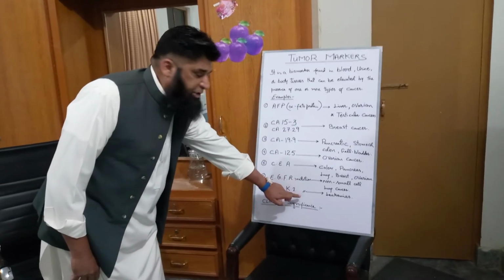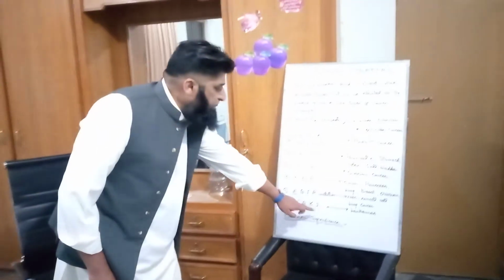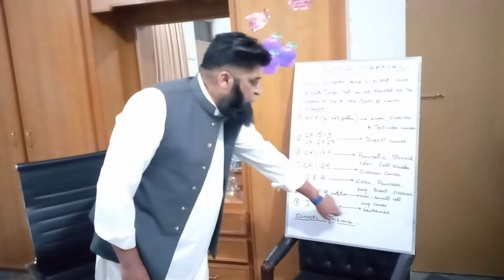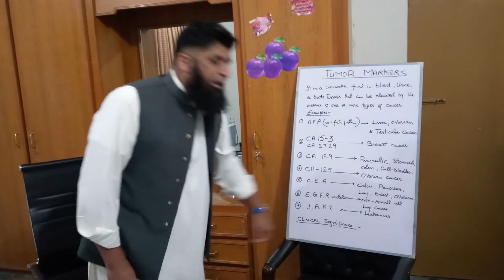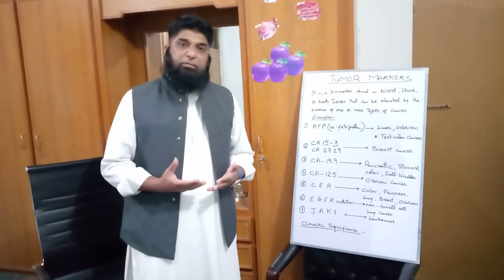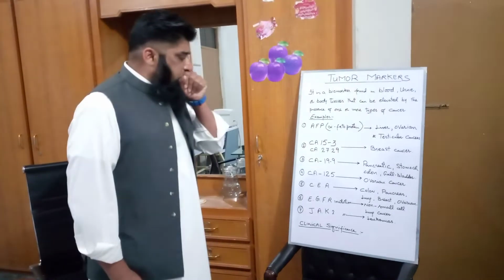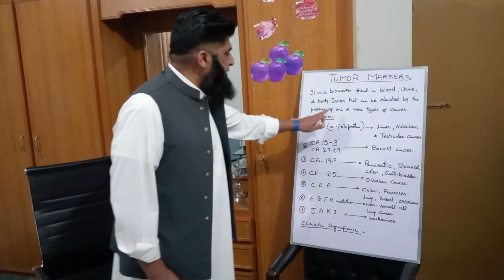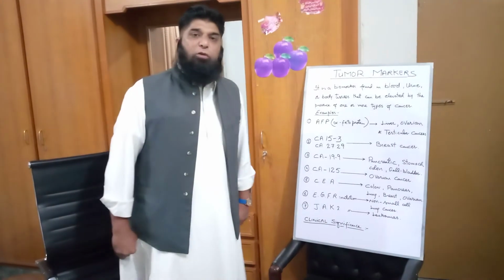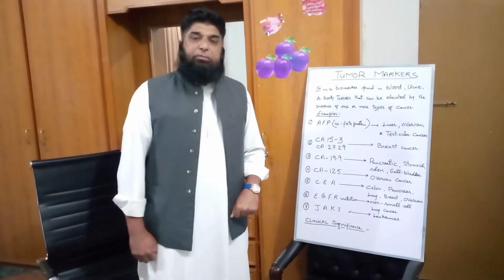JAK2 mutation. This type of mutation in the DNA sequence is observed commonly in different types of leukemias. Students, this was all about typical examples of tumor markers.